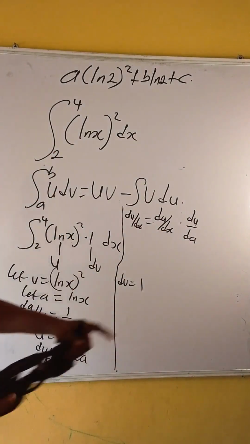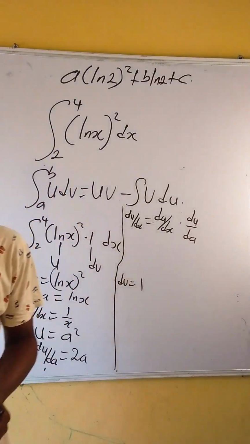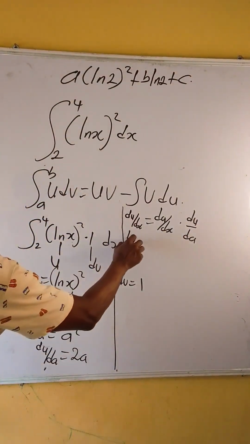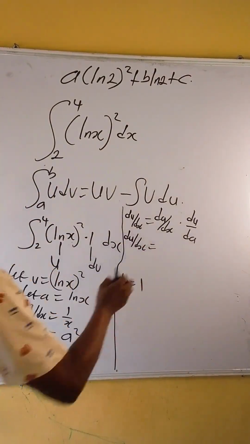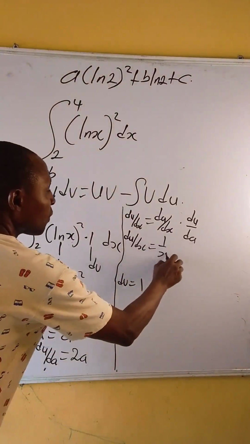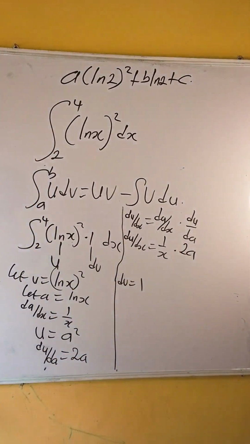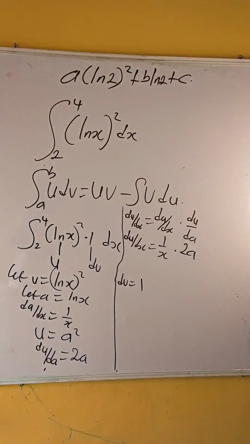Now if you look at it, dA cancels dA, so what do you have? du/dx. So my du/dx becomes dA/dx, which is 1 over x, multiplied by du/dA, which is 2a. Don't forget that your a is ln x.